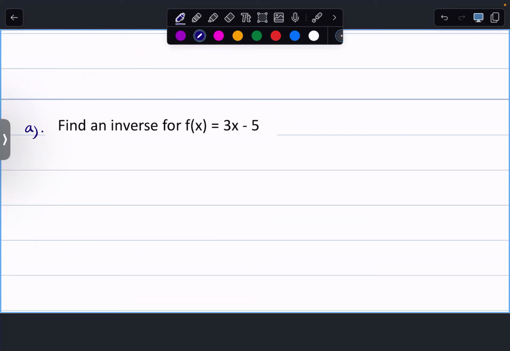Okay, how are we going to find the inverse? So to find the inverse, first thing I do is I replace the f of x with a y, so I don't have to deal with the f of x.